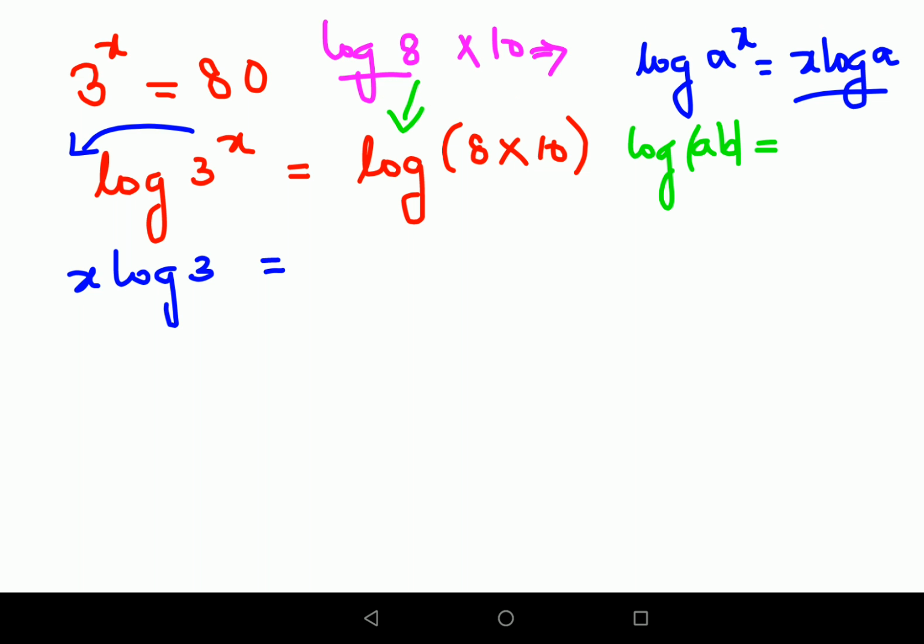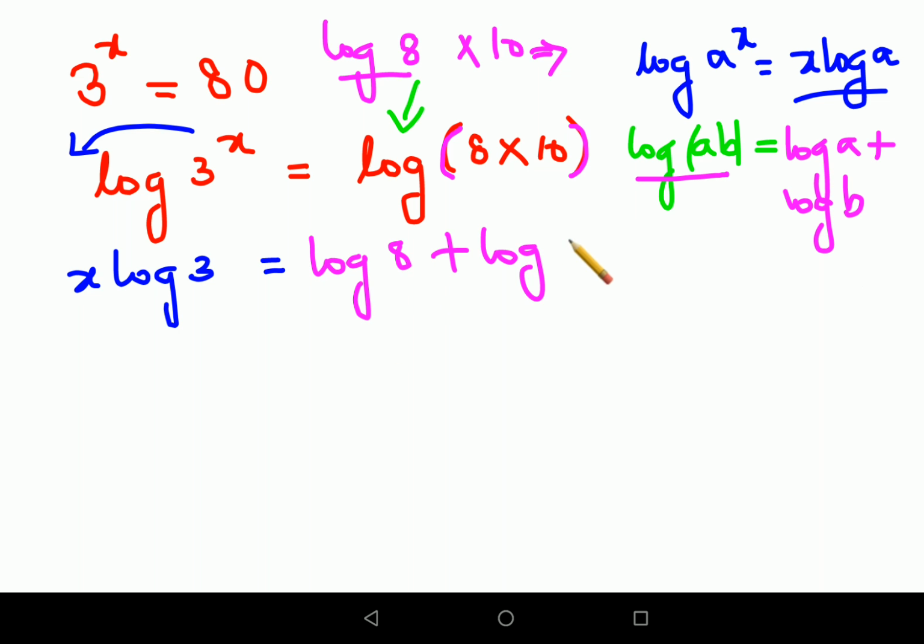No, that's why emphasis on brackets is given a lot of importance in mathematics. So when I say log of a into b, it gets you log of a plus log of b. So this will get you log of 8 plus log of 10.